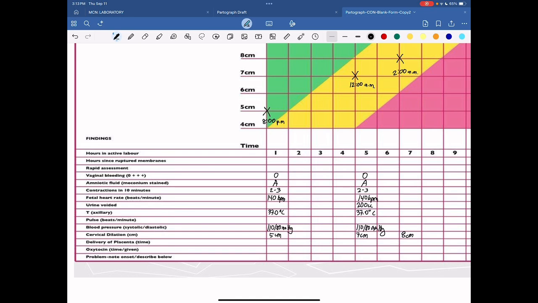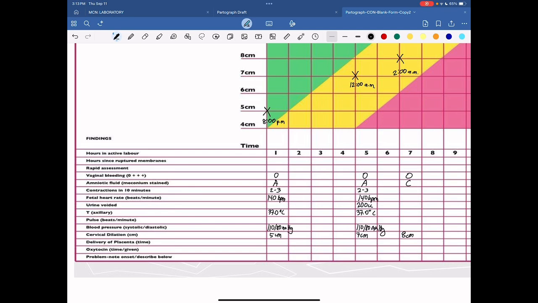It is also stated that it is a clear amniotic fluid, so we are gonna put a C marking to indicate that it is a clear amniotic fluid. For vaginal bleeding, it was not mentioned, so let's put absent.